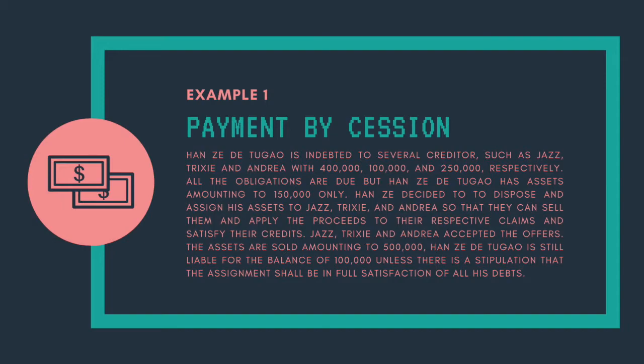Blo decided to dispose and assign his assets to Blo and Andrea so that they can sell them and apply the proceeds to their respective claims and satisfy their credits. Blo and Andrea accepted the offers. The assets are sold amounting to 500,000. Blo is still liable for the balance of 100,000 unless there is a stipulation that the assignment shall be in full satisfaction of all his debts.